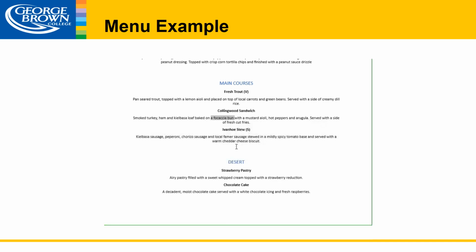Next is my Ivanhoe stew. It has a little S in brackets. Again, we'll get to that in a second. It's kielbasa sausage, pepperoni, chorizo sausage, and local farmer sausage, stewed in a mildly spicy tomato base, and served with a warm cheddar cheese biscuit. Okay. Descriptors such as warm, they know that when they get their biscuit, it should be warm, so there's a quality description there.